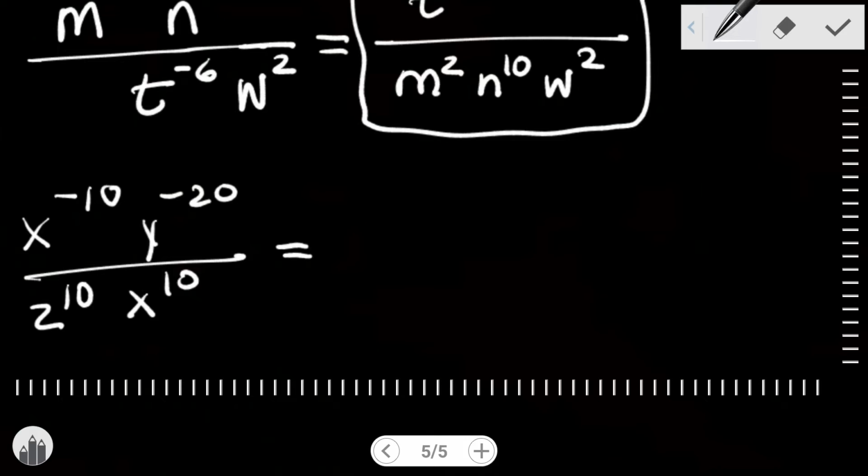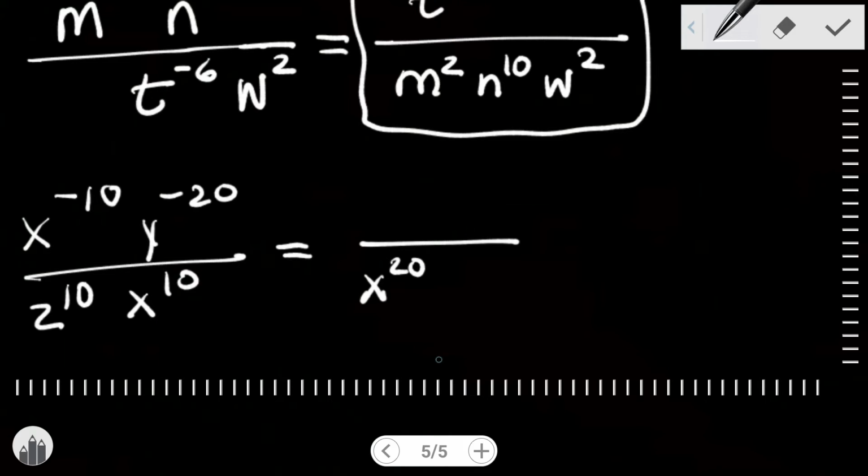So in this problem, as you see, we have that x to the negative 10th on the top, which will get flipped to the bottom. And since we already have an x to the 10th on the bottom, we'll end up with x to the 20th.